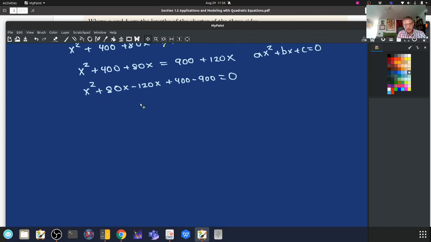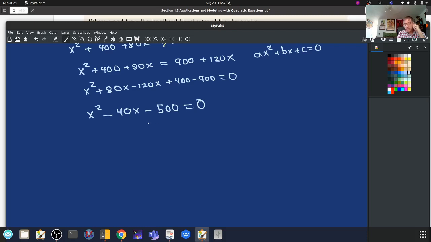So let's get some more space. So let's work on simplifying this. That's going to give me x squared, and 80x minus 120x is minus 40x, and 400 minus 900 is minus 500, and that's equal to 0.